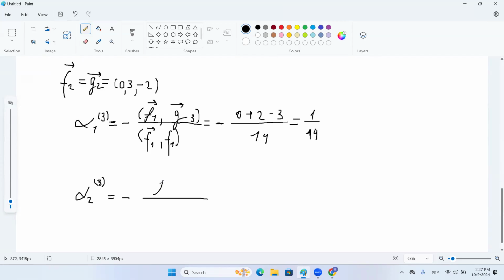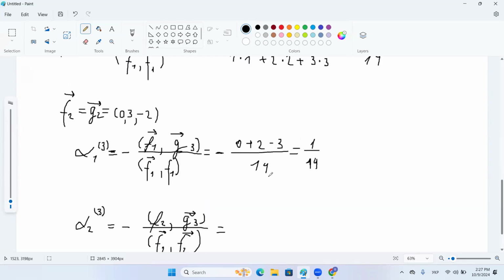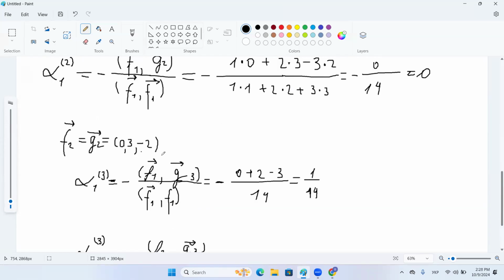Okay, and how to find alpha 2, 3? So this is the scalar product of f2 multiplied by g3 and divided by the scalar product of f2 by itself. So f2 is equal to g2.